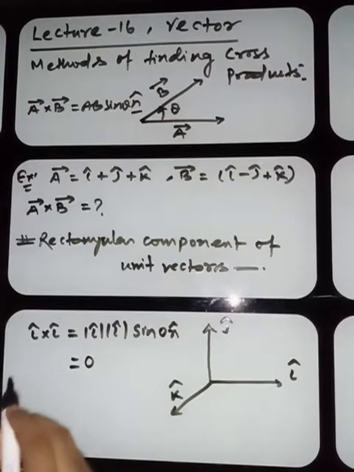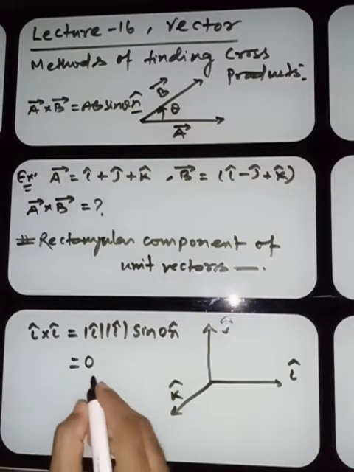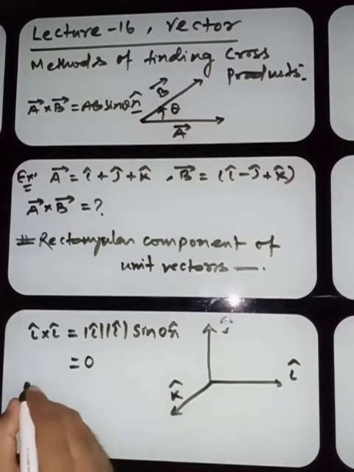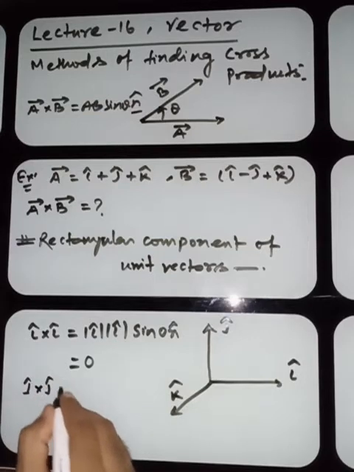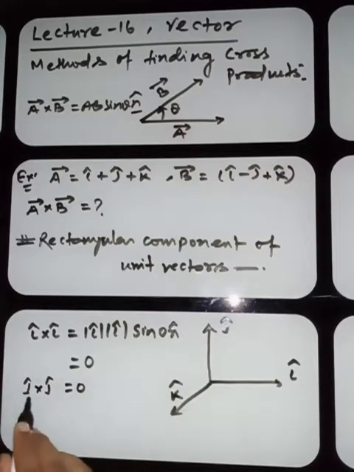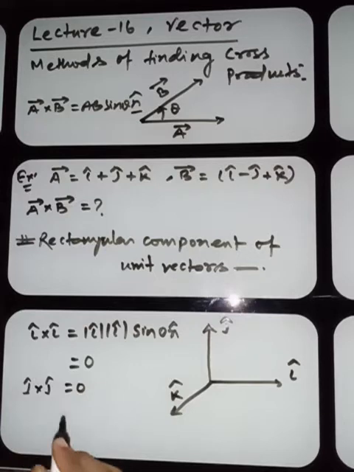So i cross i will be 0, and if you find j cross j, again you will find 0, because the angle will be 0 degrees, and the same with k cross k.